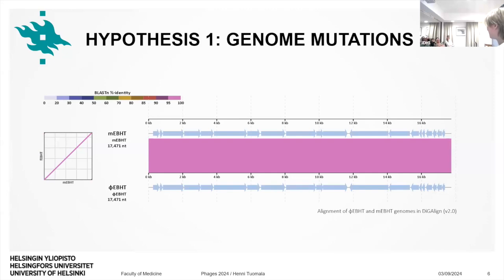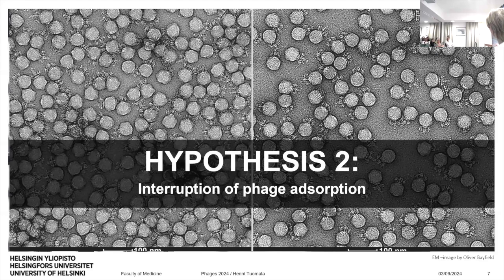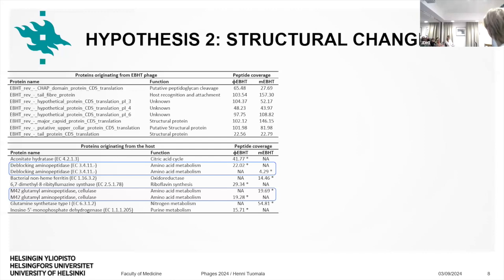So we moved on to the next hypothesis, whether there is interruption of the phage adsorption due to post-translational modifications. We did a proteomics analysis of the purified phage particles. The analysis identified all the same proteins encoded in the phage genome for both variants.